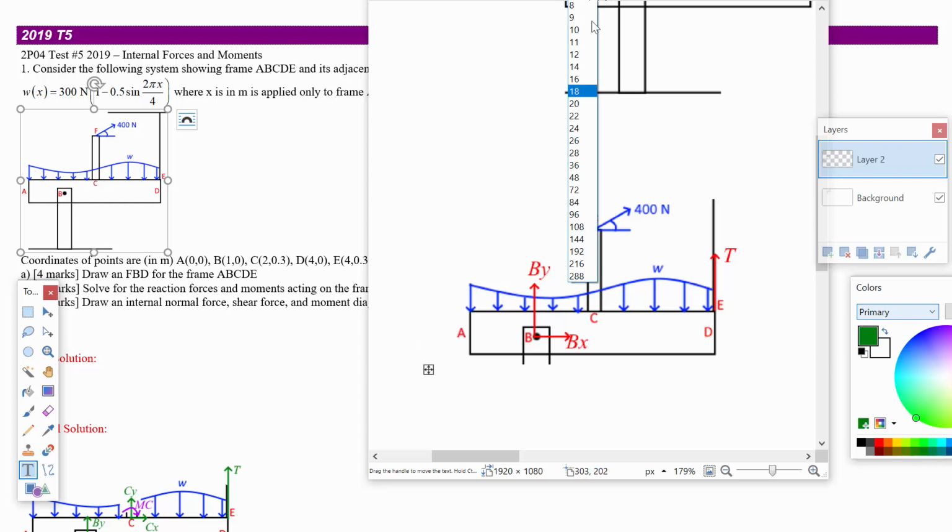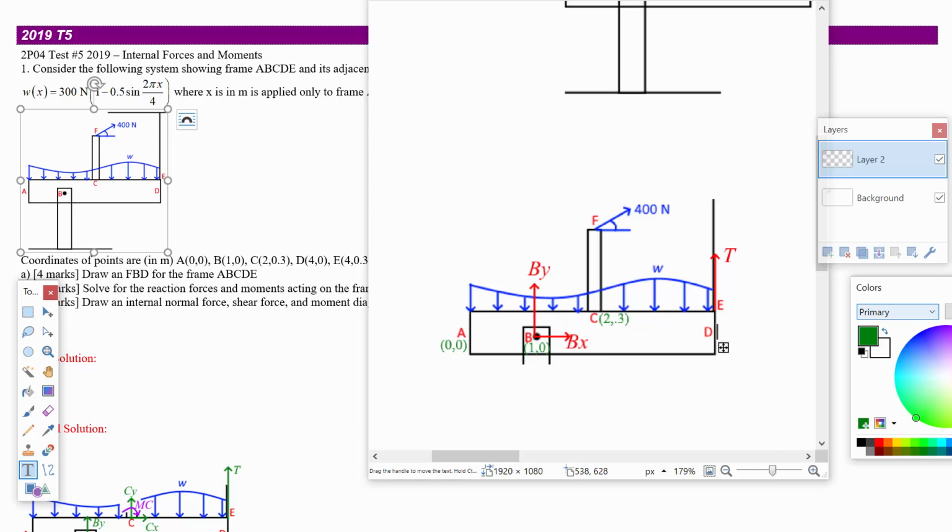Maybe we'll go to a smaller font size here. So A is at 0, 0, and we'll make this non-italic. Okay, B is at location 1, 0. So this is 1 over to the right. Then C is at location 2 and 0.3.